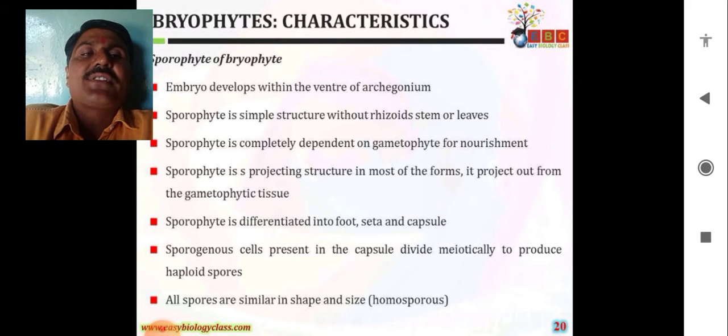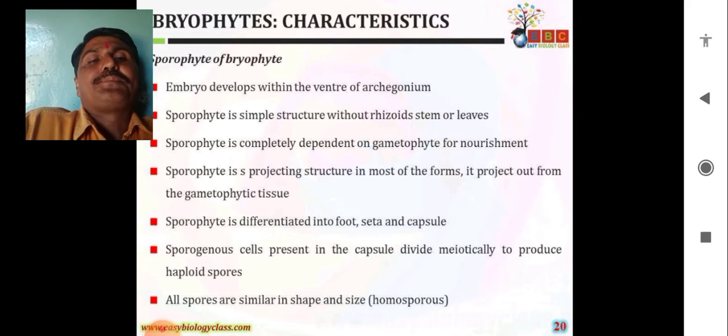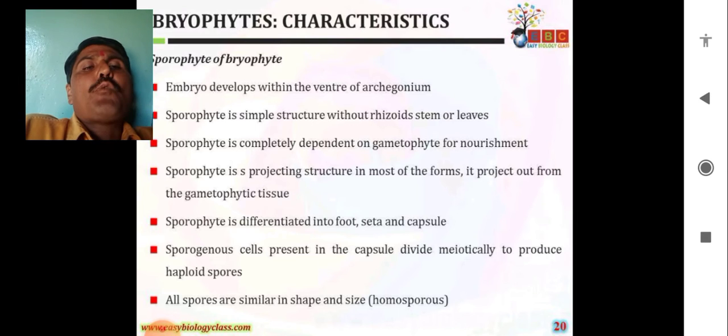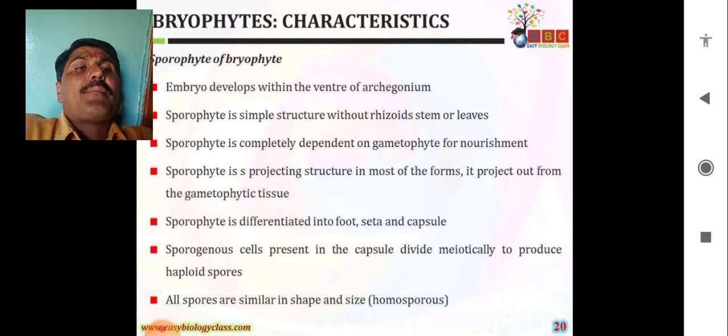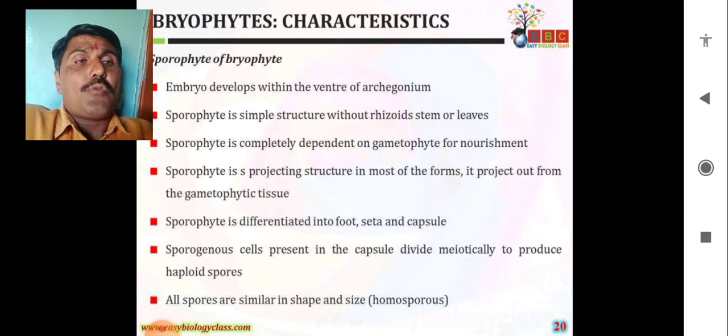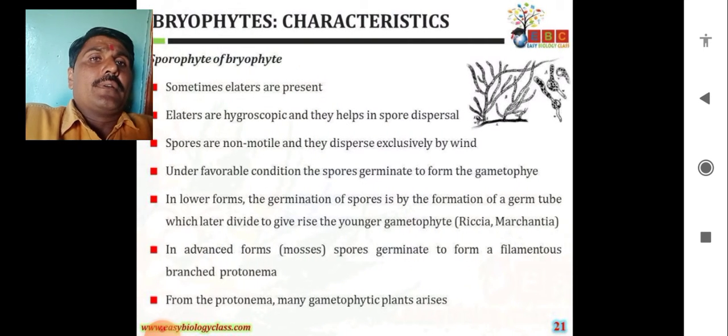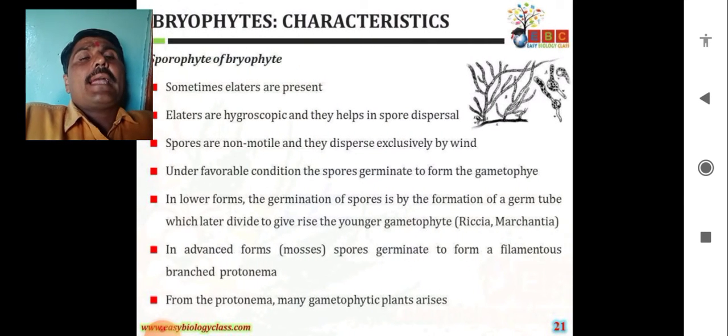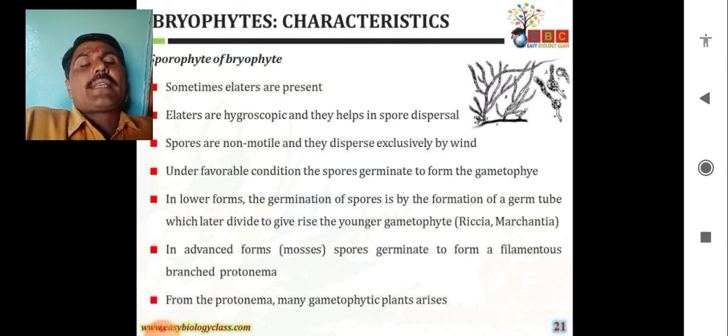Sporogenous cells present in the capsule divide meiotically to produce haploid spores. All spores are similar in shape and size, and that is why they are called homosporous. Sometimes elaters are present in the sporophyte, and these elaters are hygroscopic.